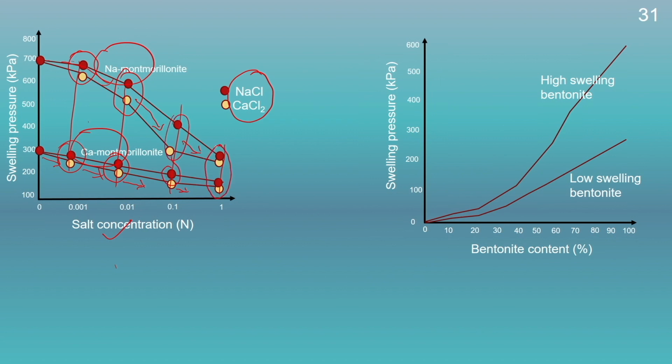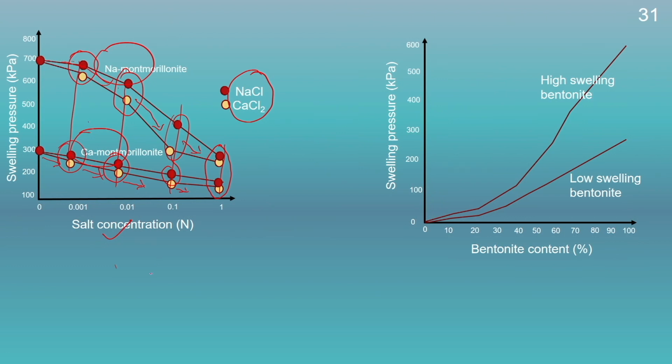Again, if we compare the salt effect, the type of valency effect on the swelling pressure for the same montmorillonite, we could see here that montmorillonite with sodium salt will have a higher value of swelling pressure in comparison to the calcium salt.